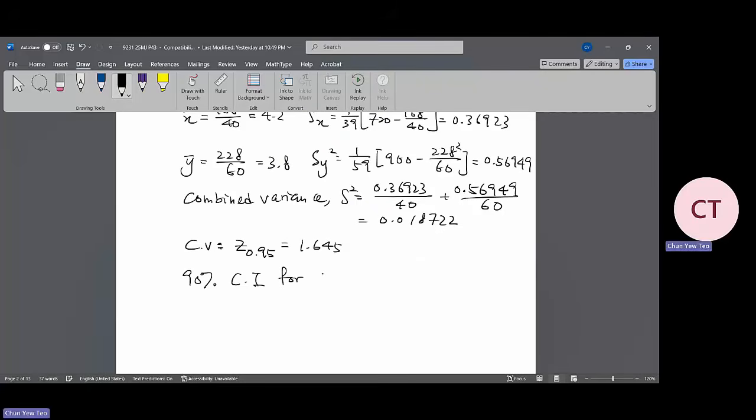For the difference in means, it will be equal to x bar minus y bar, plus or minus z 0.95 times the square root of s squared.